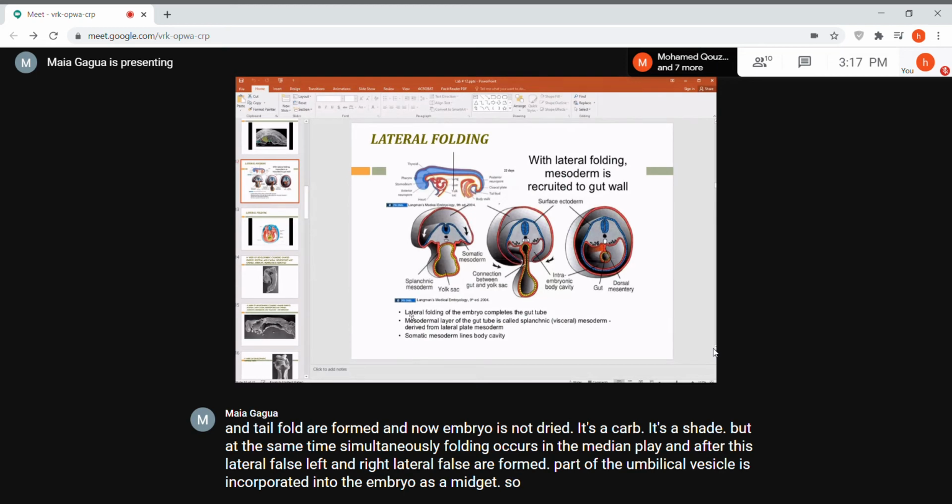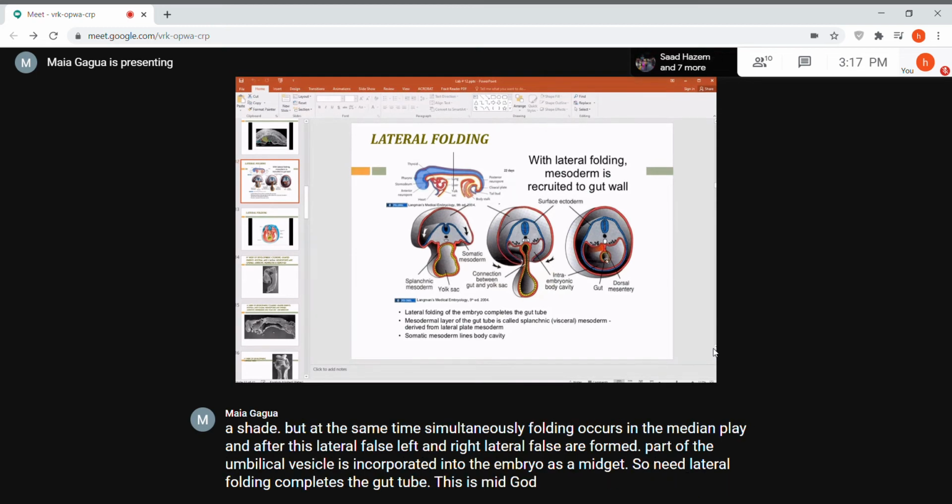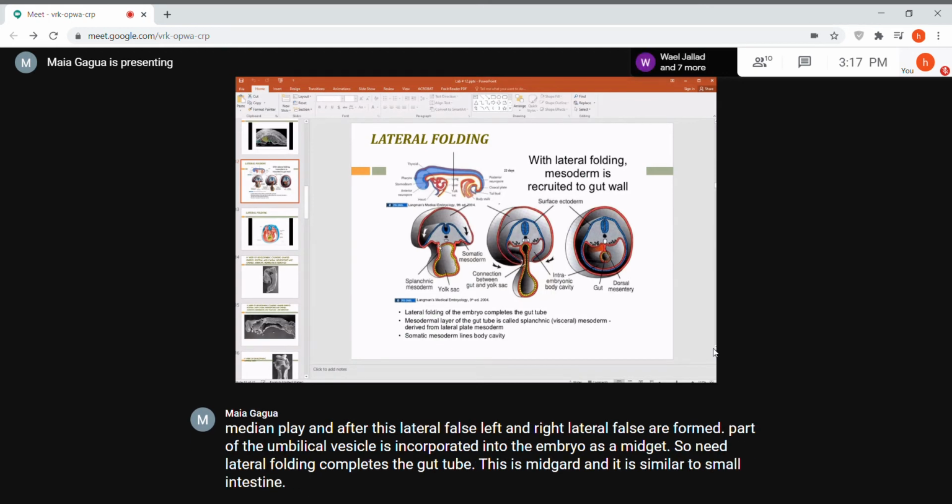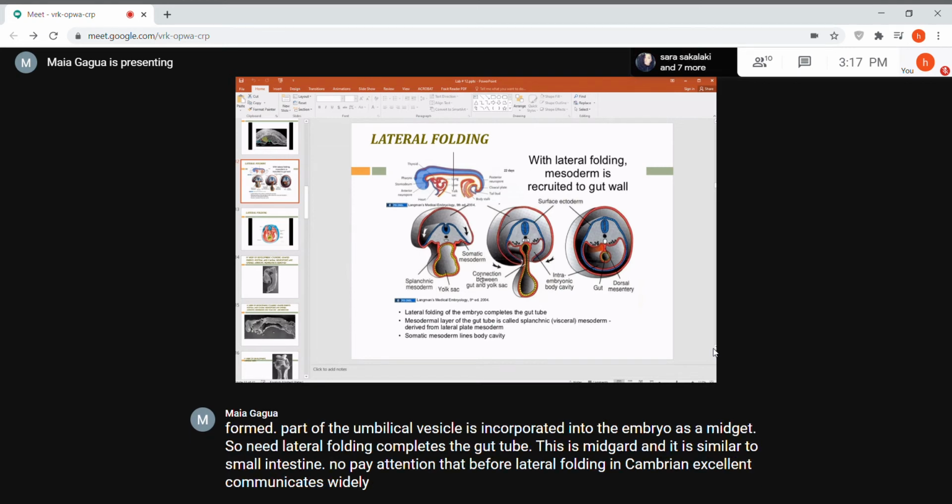So lateral folding completes the gut tube. This is midgut, and it is primordium of small intestine. Pay attention that before lateral folding, intraembryonic coelom communicates widely with extraembryonic coelom, but after lateral folding, this communication reduces.